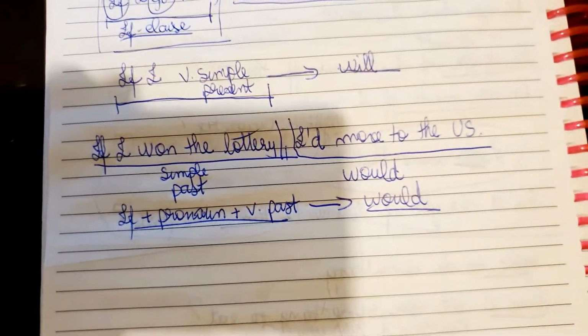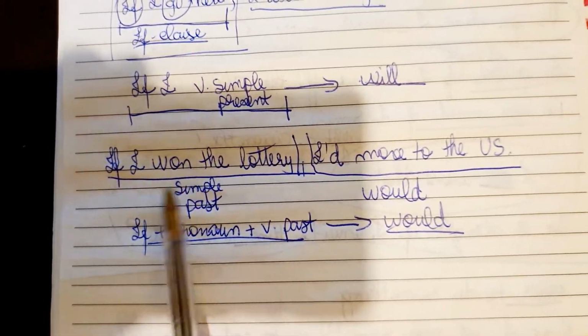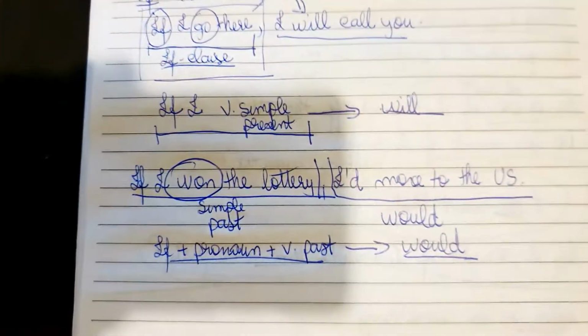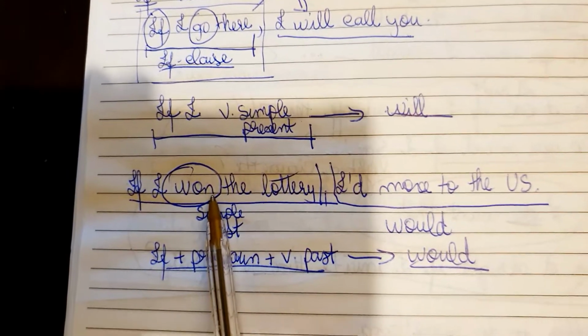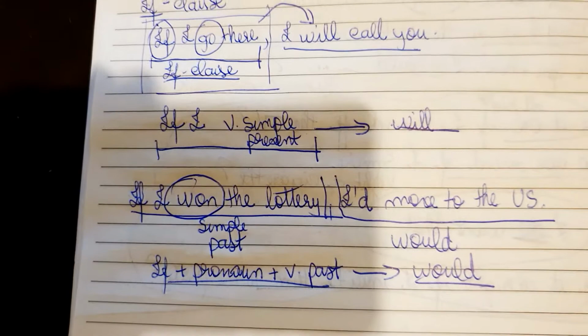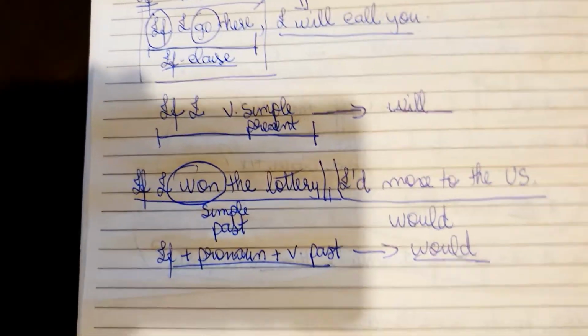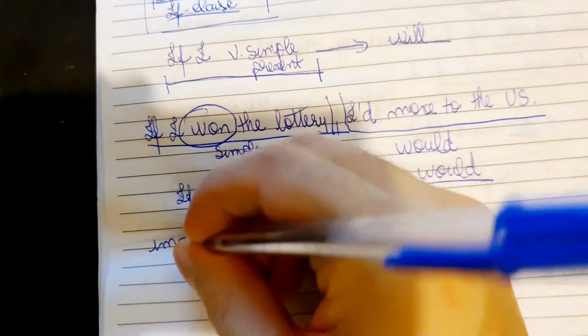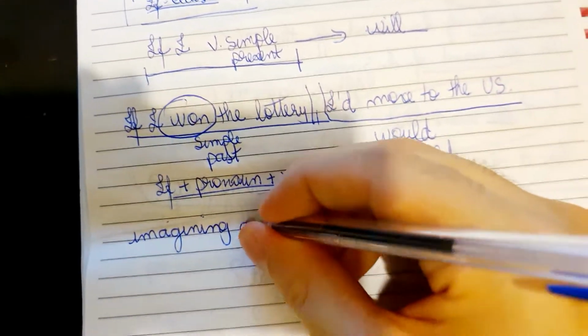But pay attention, when I say, if I won the lottery, I'm not referring to a situation in the past. The verb tense is in the past, but the meaning of the sentence is not the past. It's a condition. You are imagining a situation that is not true right now, right?